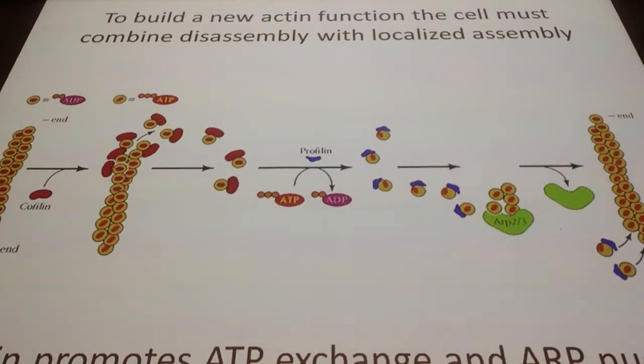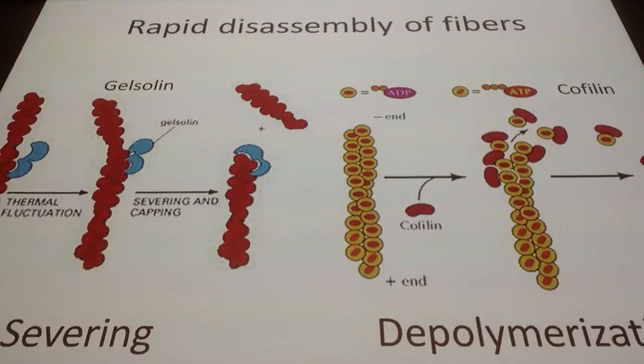So now let's go back one slide and talk about this. So what happens if you have, let's say, here's a plus end. The way that it's drawn here, this is a plus end, whether there's a cap or not, right?